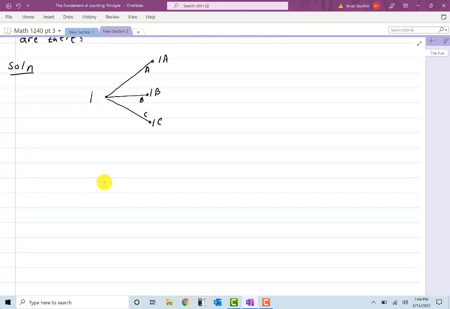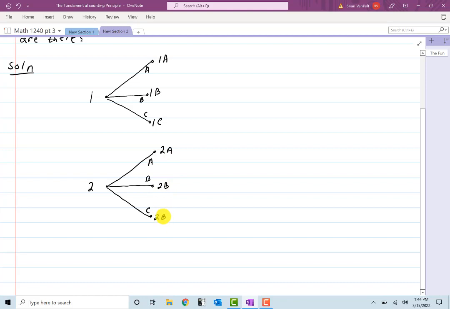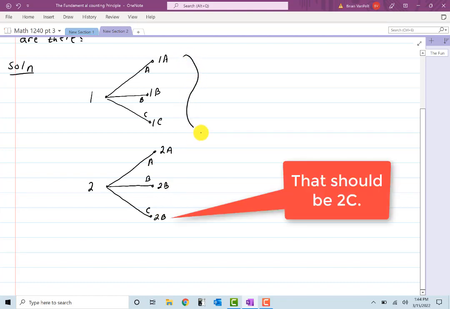On the other hand, you could have chosen the number 2 first. And after making that choice, you still have the same 3 letters to choose from, A, B, or C. So that gives us 3 extra possibilities, 2A, 2B, 2C. So in total, we have 6 possible choices.